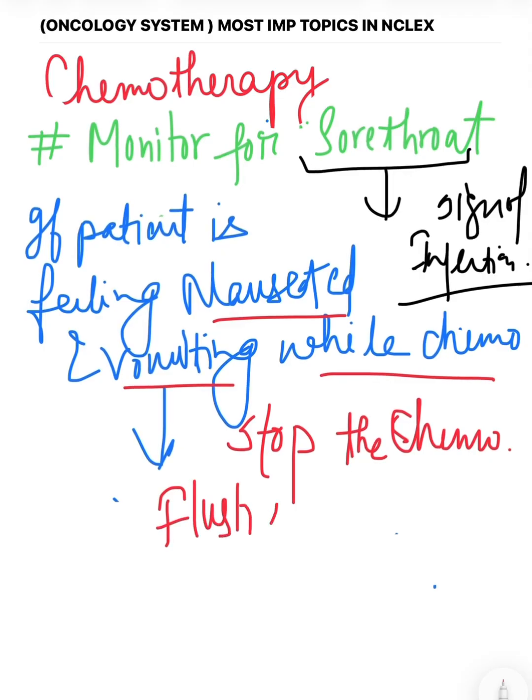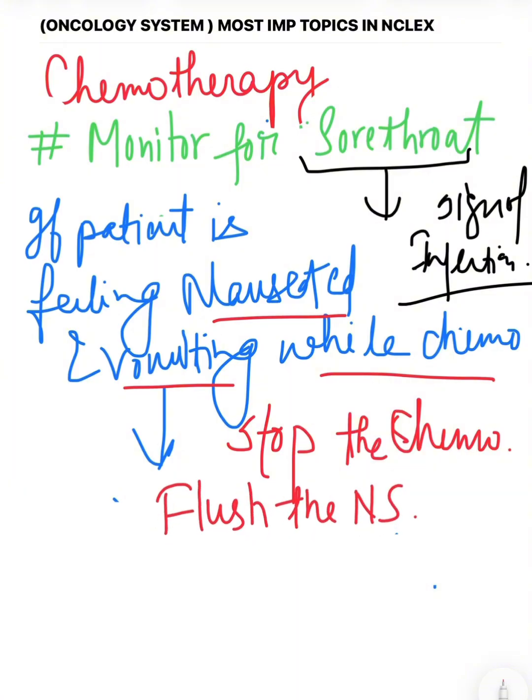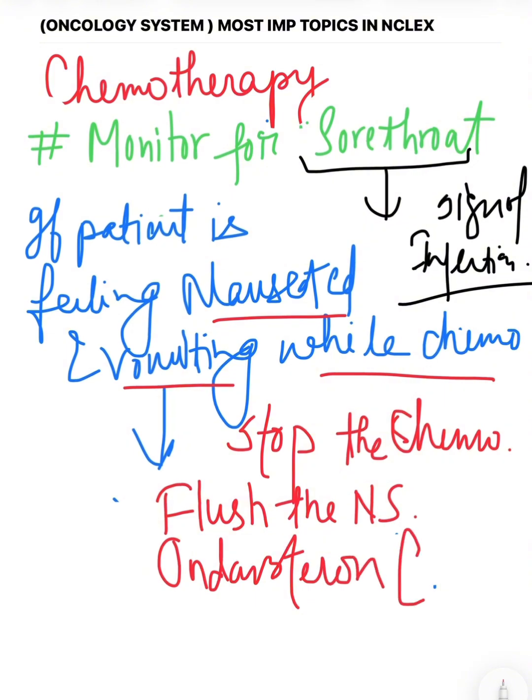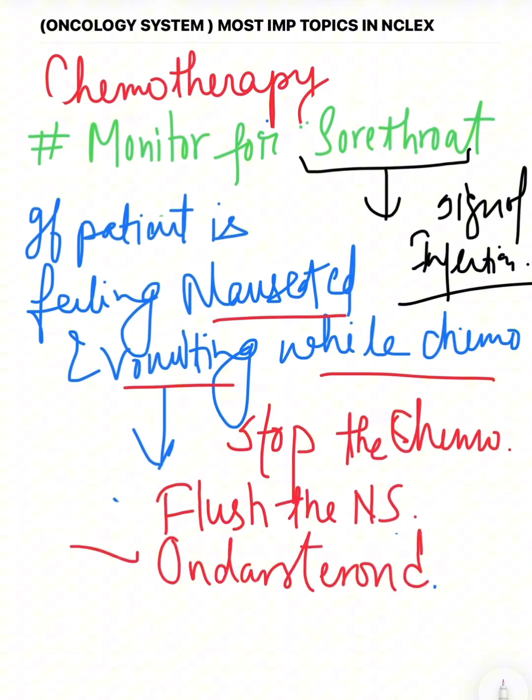At this time we give ondansetron, the antiemetic, the best medicine for vomiting. Then flush with NS, then start chemo.